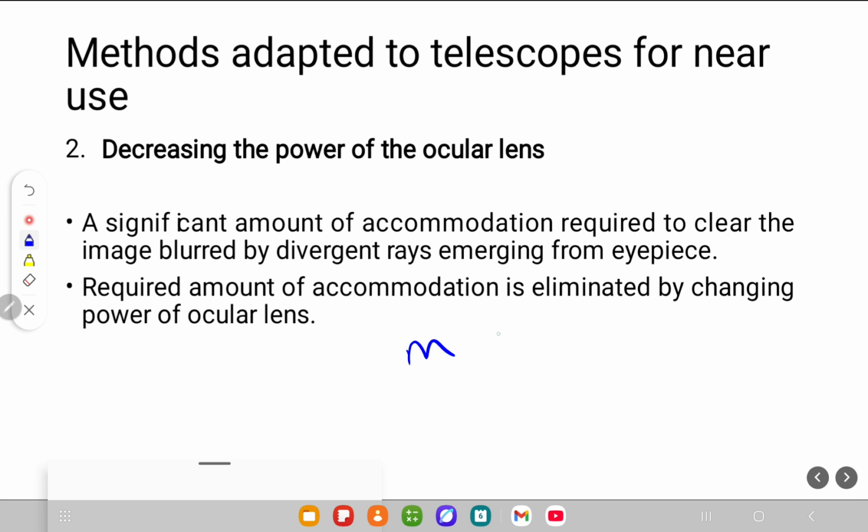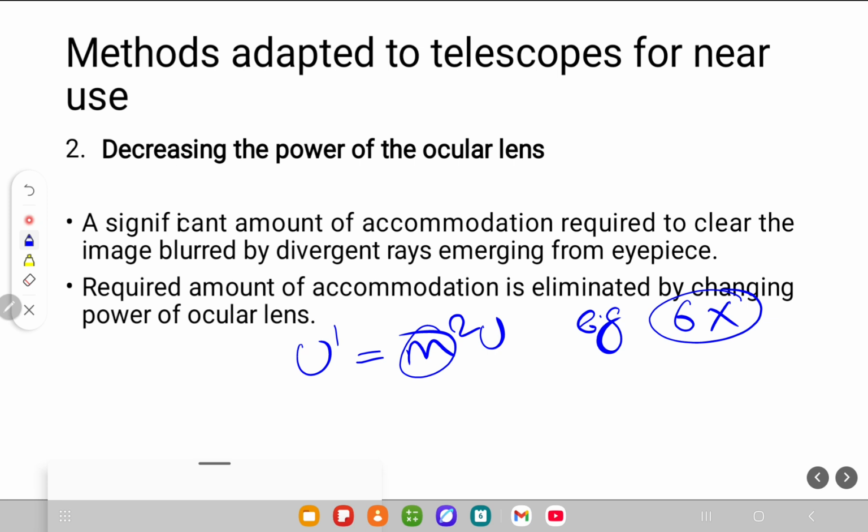There is a simple formula: image vergence equals M squared times object vergence, where M is the magnification. Example: a 6 times magnification telescope, and the object is at 50 centimeters. 50 centimeters means 2 diopter, so object vergence is 2 diopter.